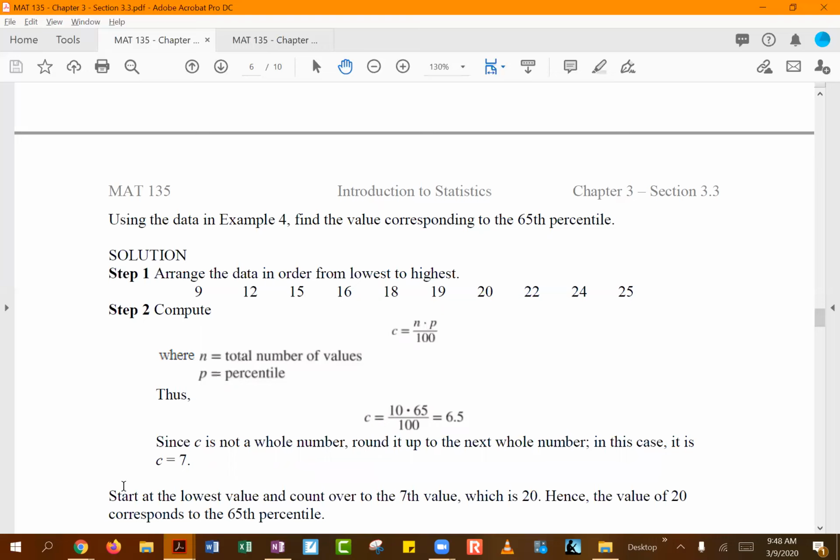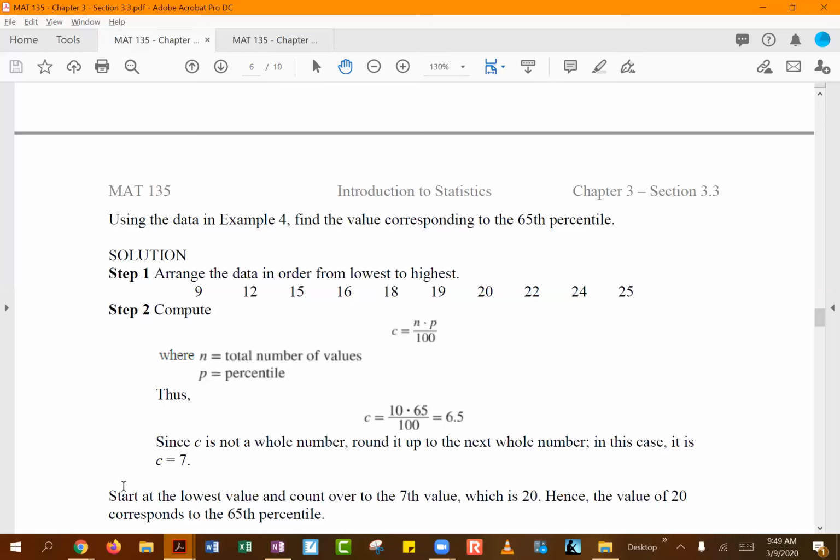Not a decimal, right? When we're working with percents, we always convert them to decimals. But again, this is a percentile, so it does not get converted to a decimal. So just again, that difference between, is it a percentage value or a percentile? So again, be careful. So again, 10 times 65 divided by 100 gives you 6.5.